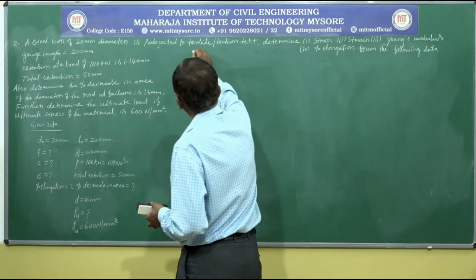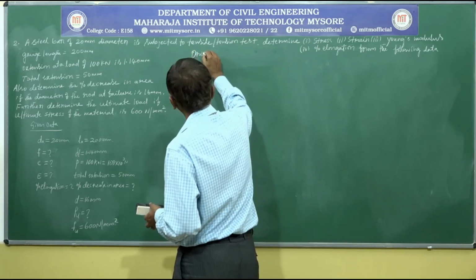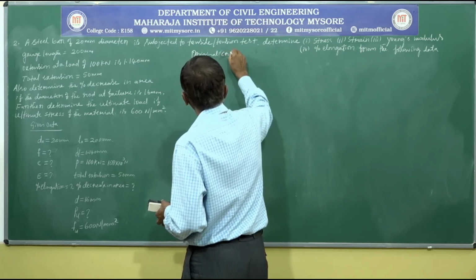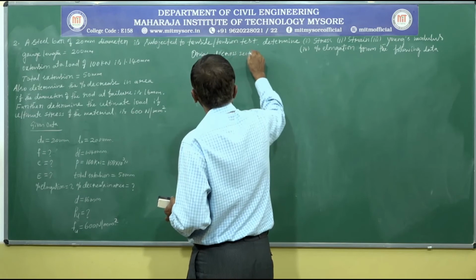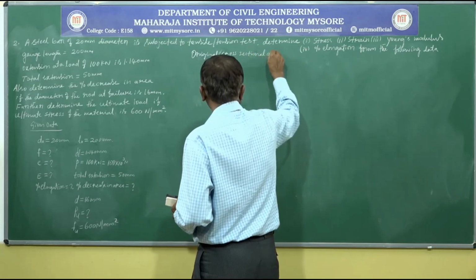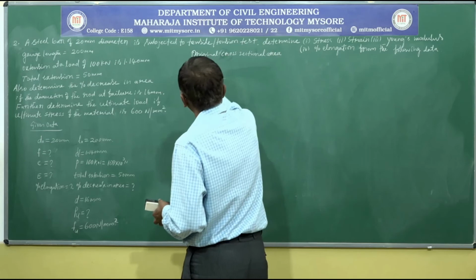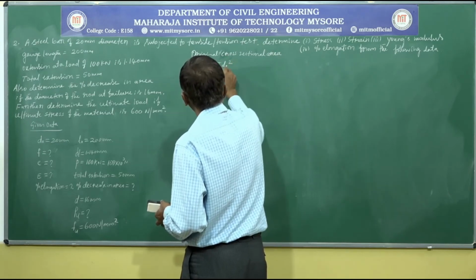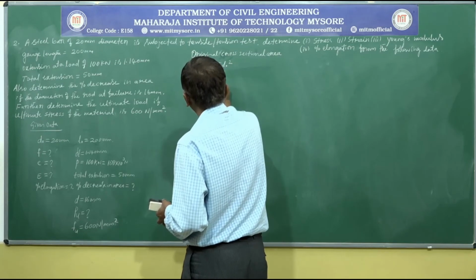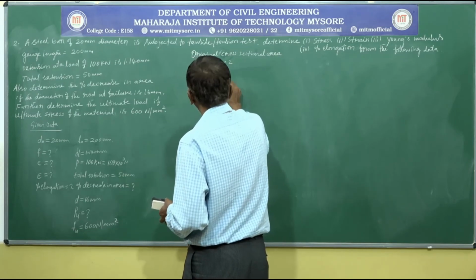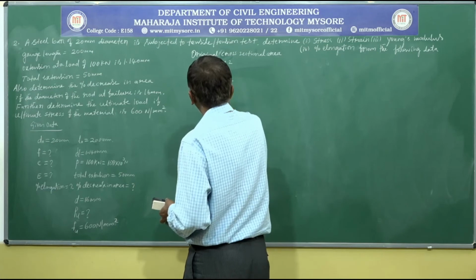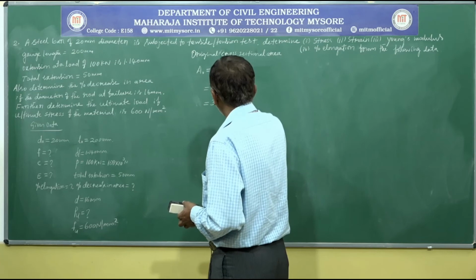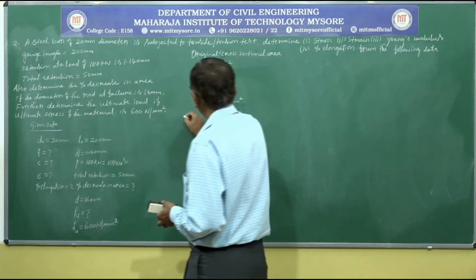So original cross-sectional area A0 is equal to pi D0 square divided by 4, which is pi into 20 square divided by 4, equal to 314.15 millimeter square.